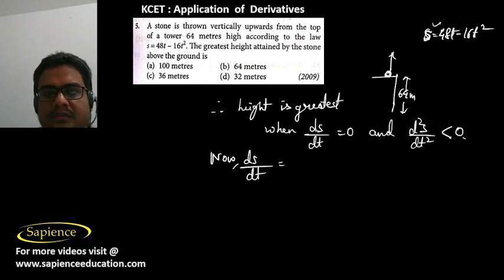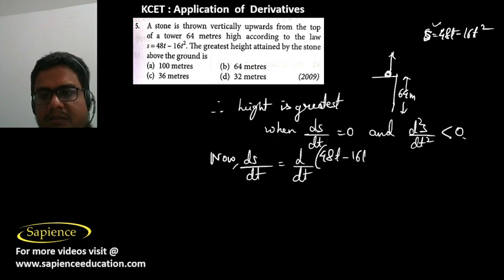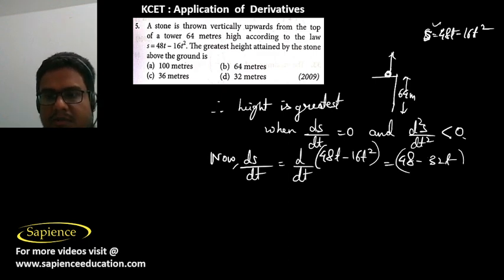that is equal to d by dt of 38t minus 16t square. That should be equal to 0, so t is 38 by 32, which is 3 by 2.